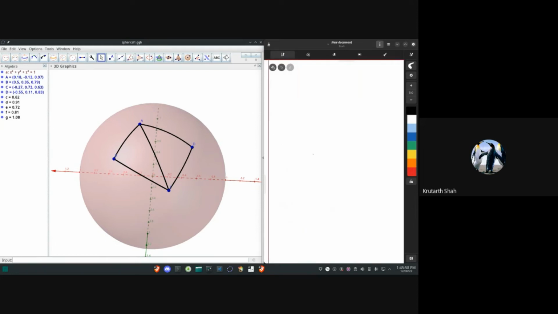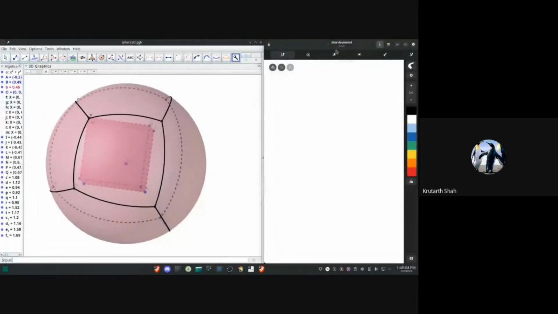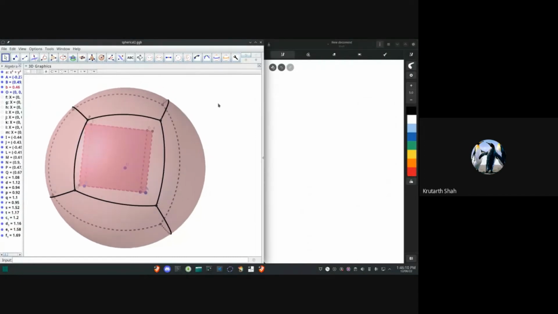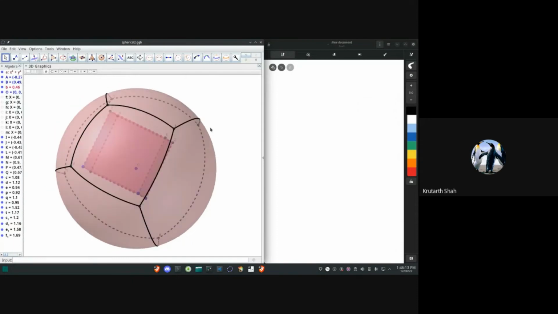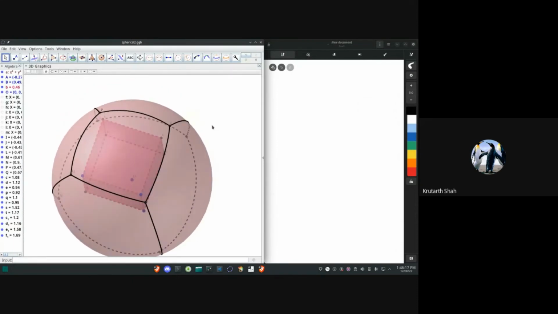Right. So using that, we'll be proving Euler's formula. Basically, I have chosen a cube for demonstration purposes, but this works for any polyhedron. Suppose E is a point inside or outside.